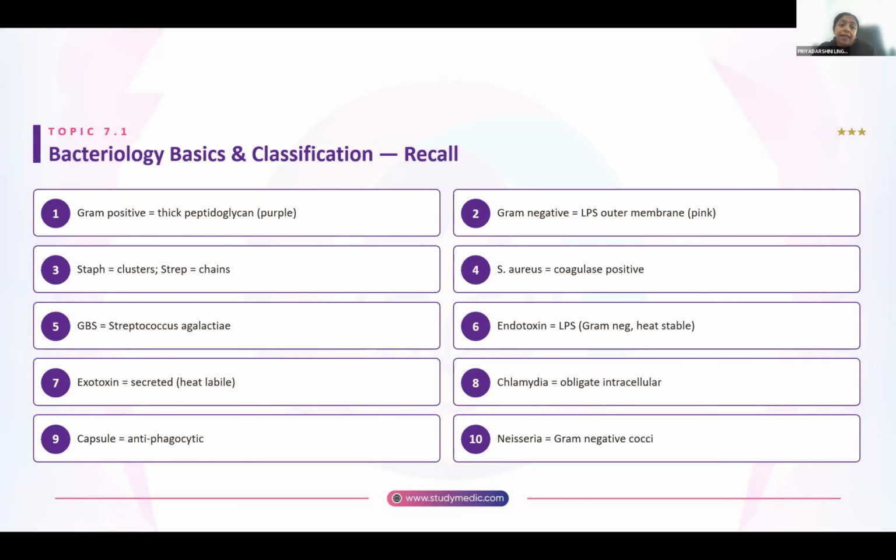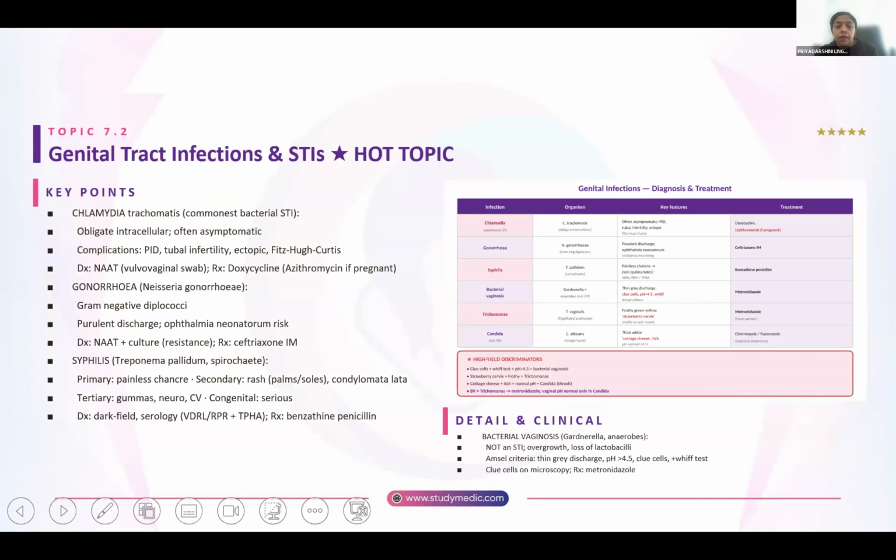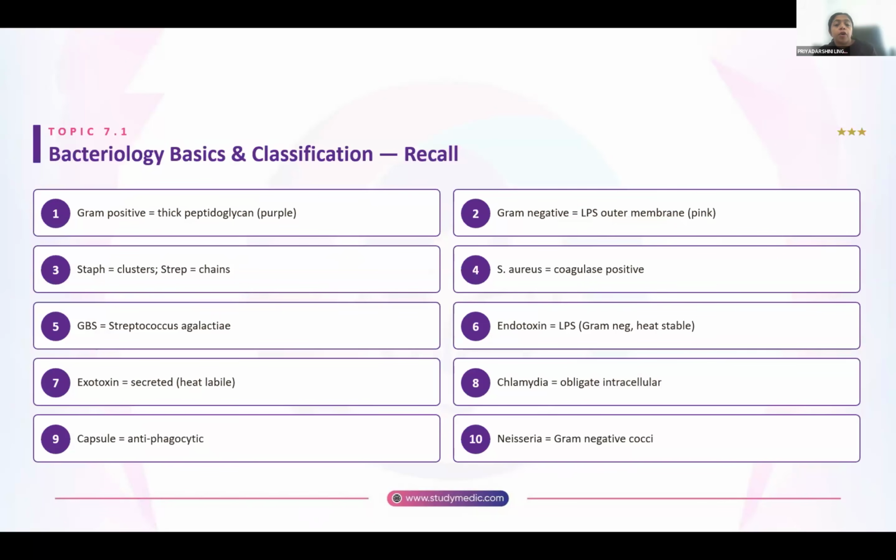The capsule of the bacteria has an antiphagocytic role, and the last point is about Neisseria, which is a gram-negative cocci, again commonly asked in exams. So always these organisms will be correlated with the clinical infections that we see. That's another important area which you can focus on while revising.